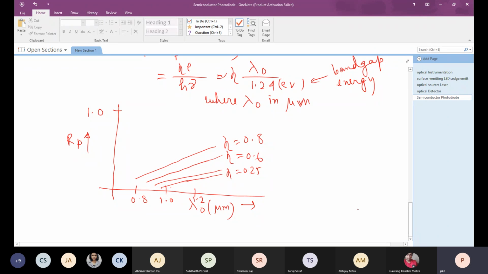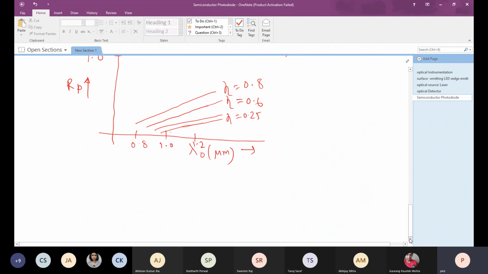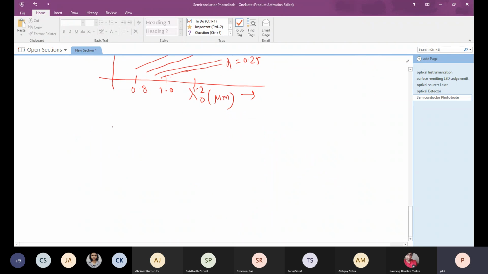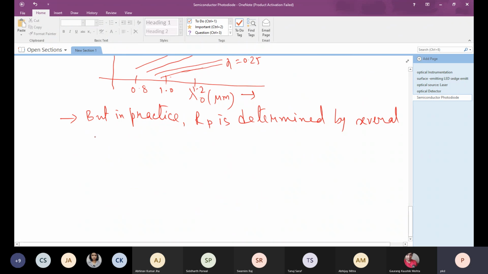However, in practice, when manufacturers give the calibration curve, RP is determined by several other factors and is a nonlinear curve.